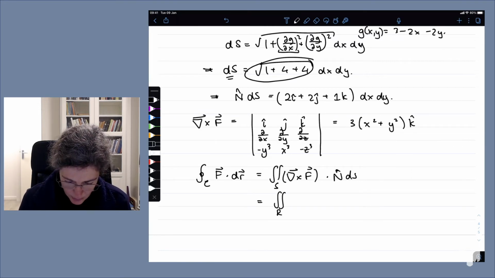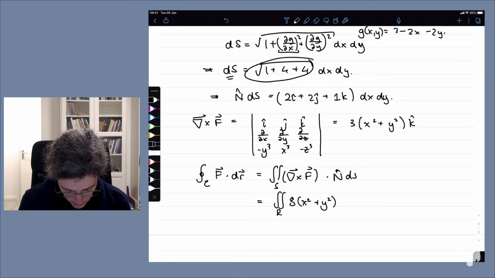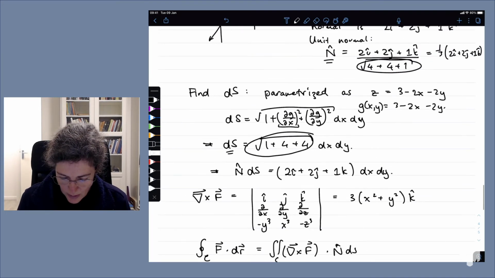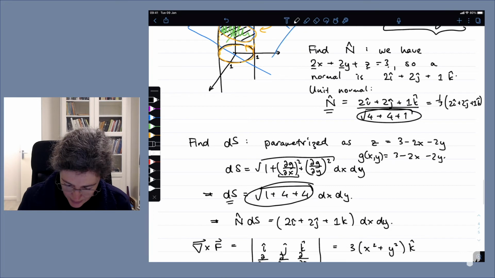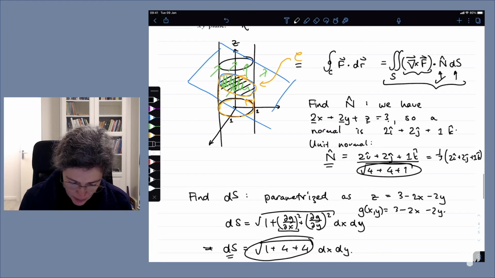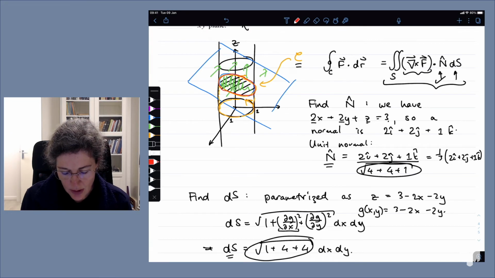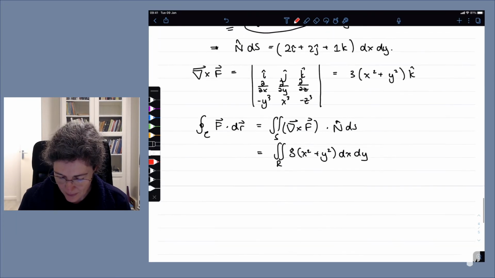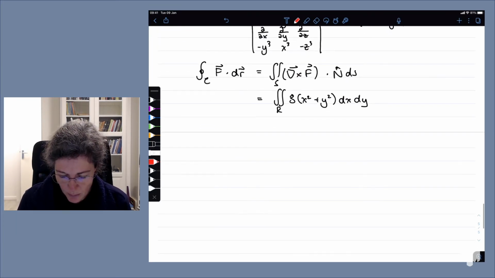It's the double integral over our region on the plane of 3x squared plus y squared dx dy. So we've gone from basically trying to calculate a line integral around here to calculating a surface integral on this region down here. And the final thing will be to work out what that is.